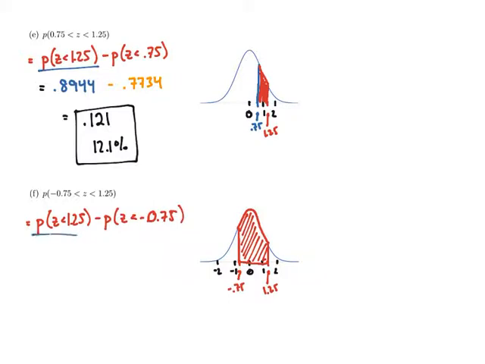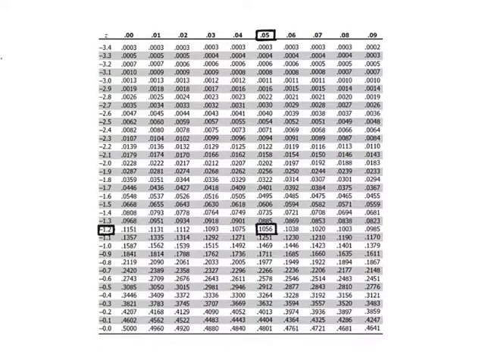We found before this probability, that's 0.8944. Let's go back to the z-score table and find our probability that z is less than -0.75. We go to our negative z-score table. We find -0.7 and the 5 here.